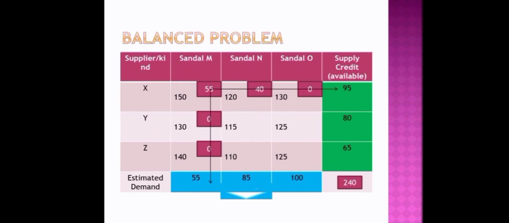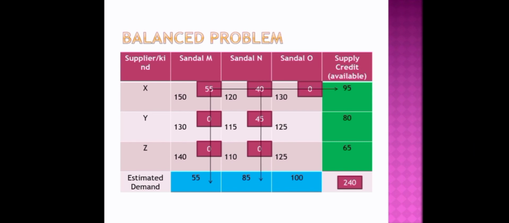So 85 minus 40 is equal to 45. We will put 45 there. And since 40 plus 45 is equal to 85, we will put 0, and after that, we will put a line.